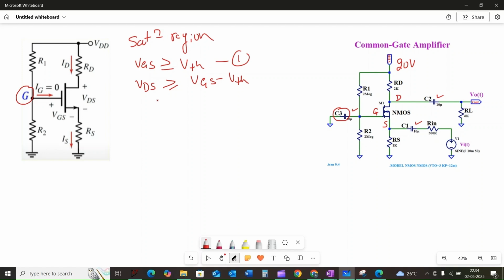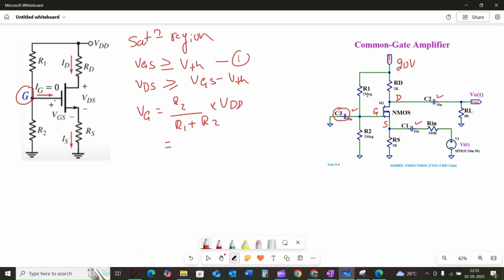First, let us find the gate voltage VG. Since the gate current is 0, we can use the voltage divider rule with R1 and R2 to find VG. VG is equal to R2 divided by R1 plus R2 times VDD.